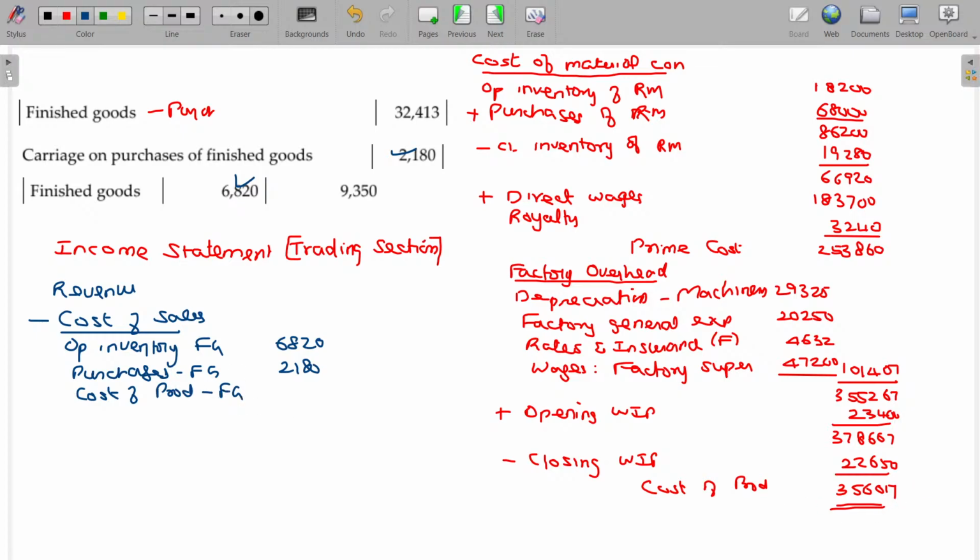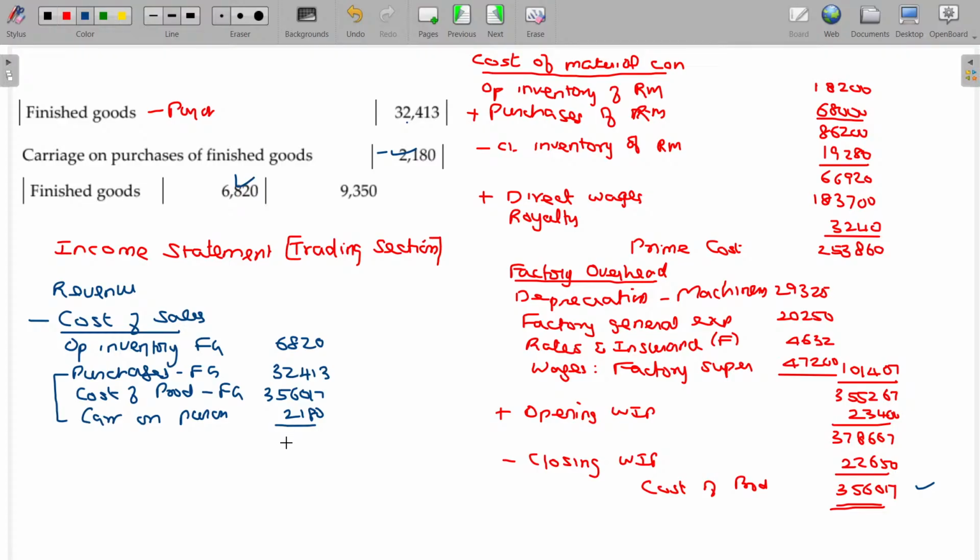For that, the cost identified here will also be added here: 3,56,017. Carriage on purchases will also form part of this. Oh, purchases is this one and carriage on purchases is this one. Okay, I'll just correct this. You can better club these two and write as a single number, 32,430.